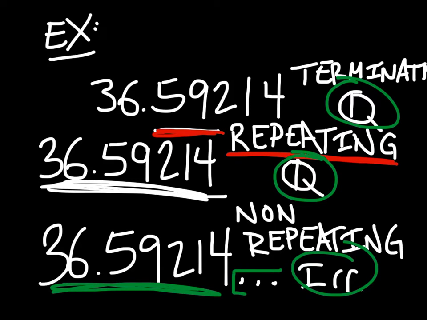That's all we need to find out: if it has the dot dot dot at the end, it is no longer repeating. If it does repeat, notice once again it has this line above some of the decimal numbers.